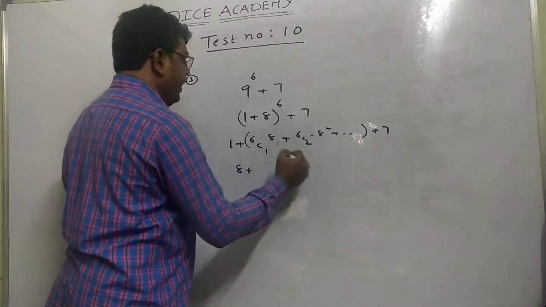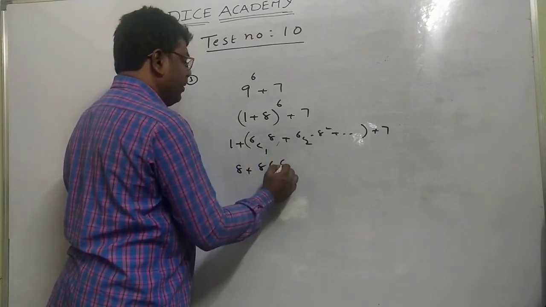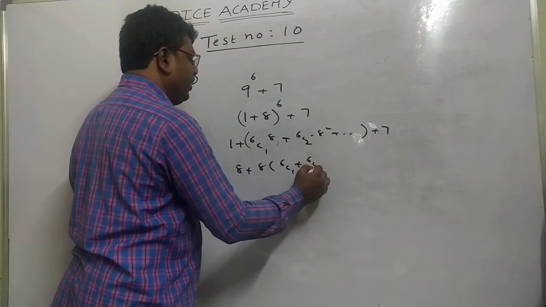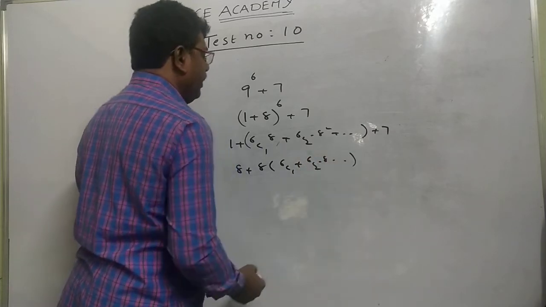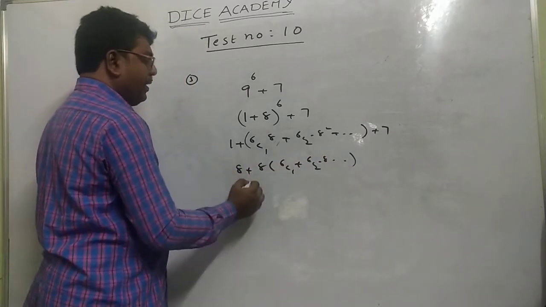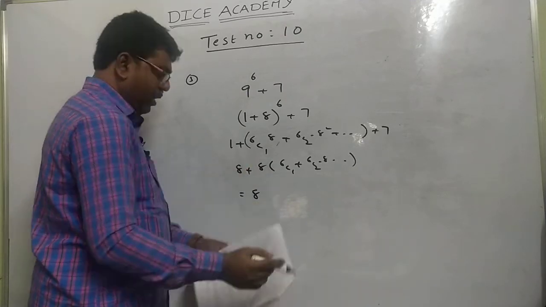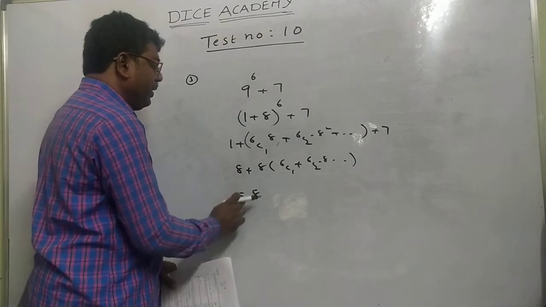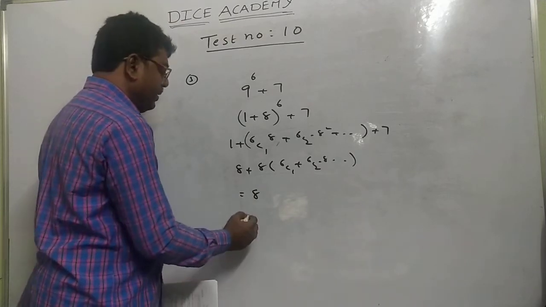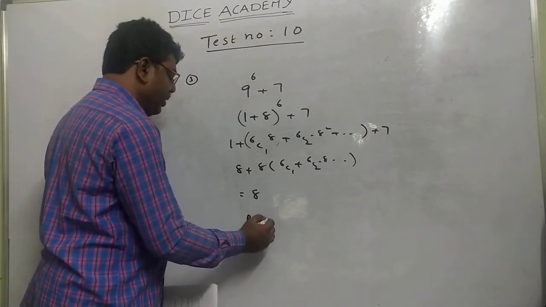And in the bracket, we can take 8 as common, 6c1 and 6c2 into 8 and so on. Finally, 8 is common, so whatever the number is, it is divided by 8. That's why the remainder is 0.